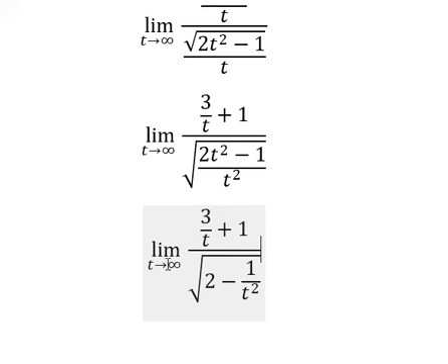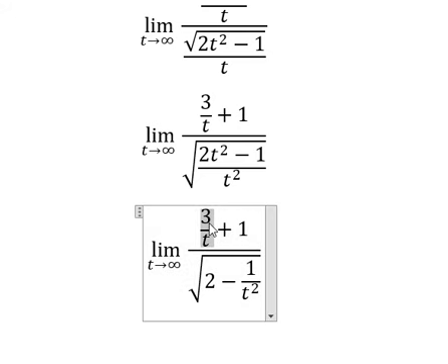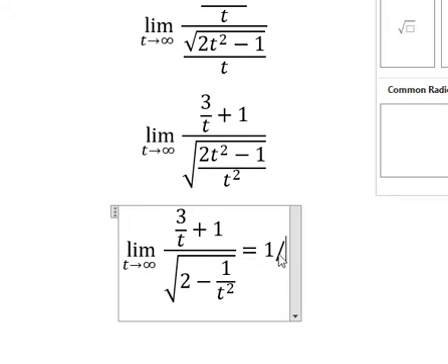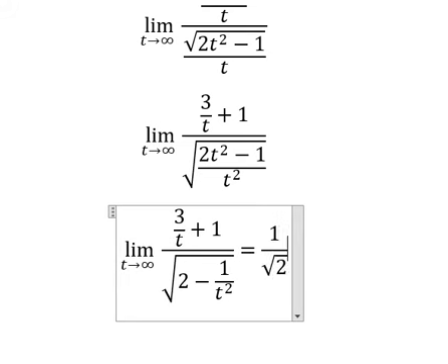So when t approaches positive infinity, this one you get 0, this one you get 0. So we have 1 over the square root of number 2. And that is the final answer.